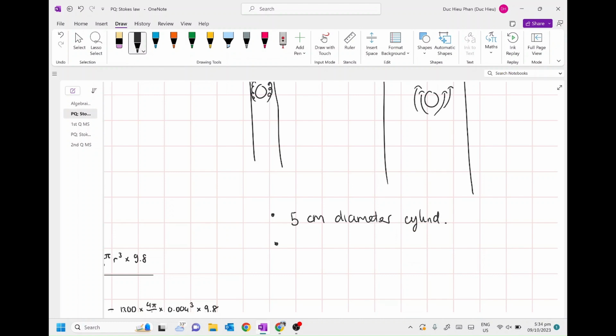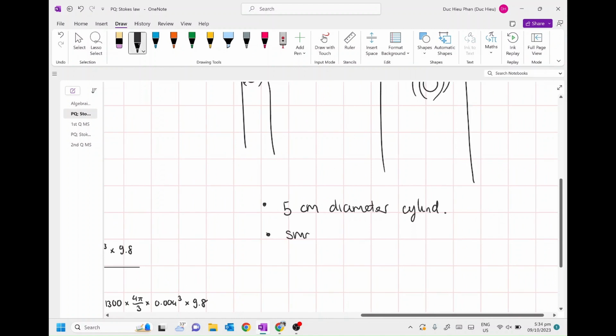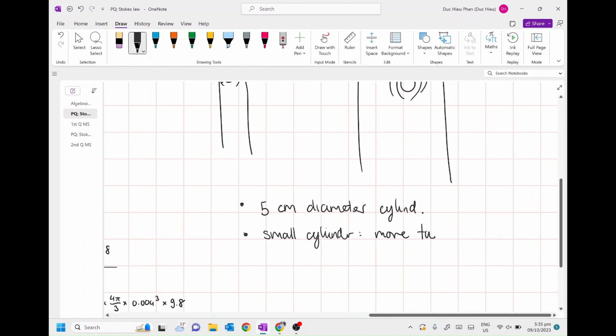And we also want to state why, and that's because the small cylinder has more turbulent flow.